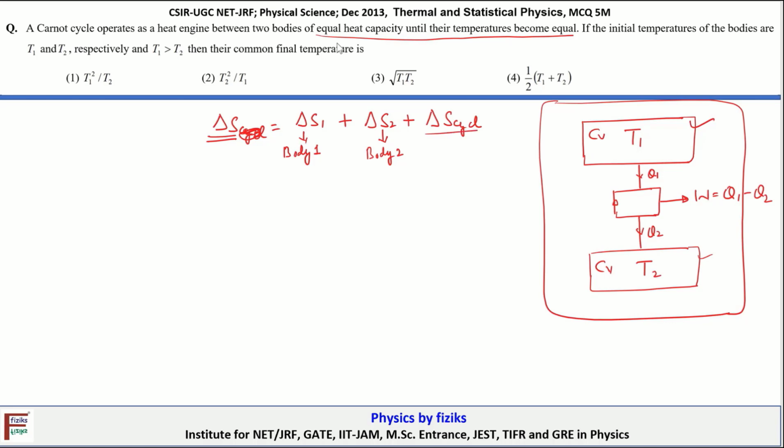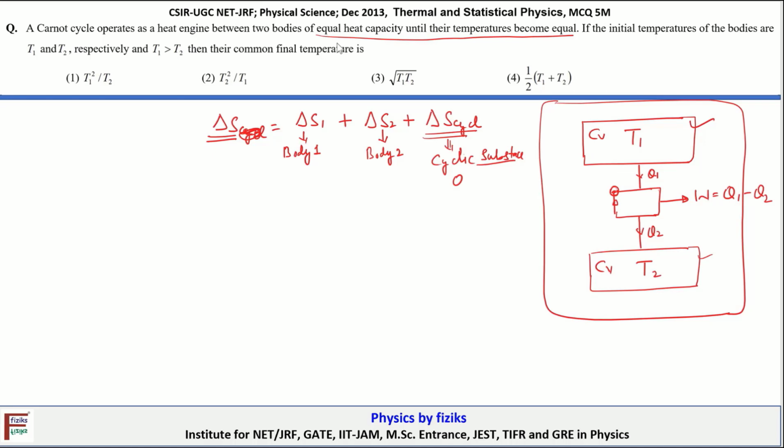And delta S cycle corresponds to the entropy change for the cyclic substance, the substance that undergoes the cycle, and this is going to be 0 because when the cycle starts from this point it goes through 4 different stages, and finally comes back to the same initial equilibrium state.